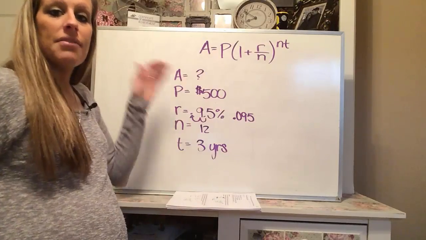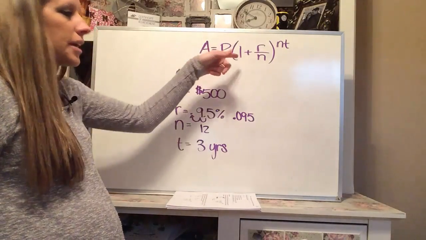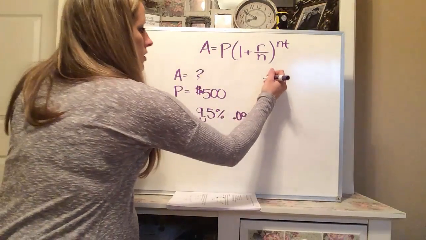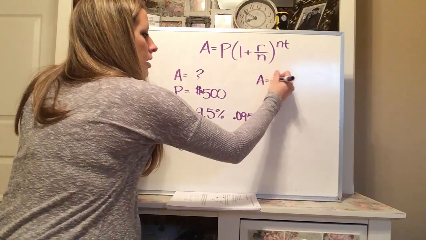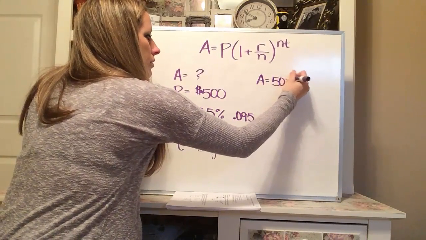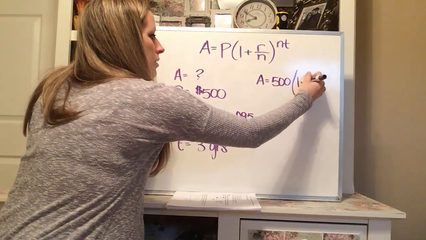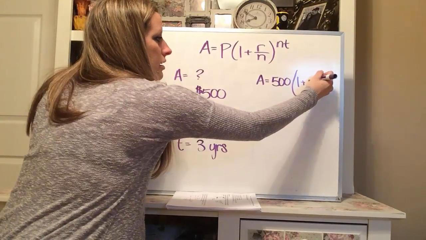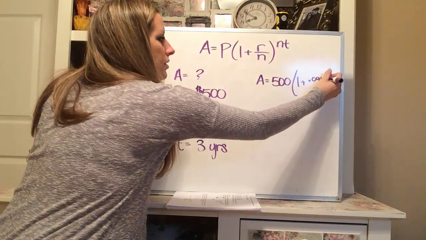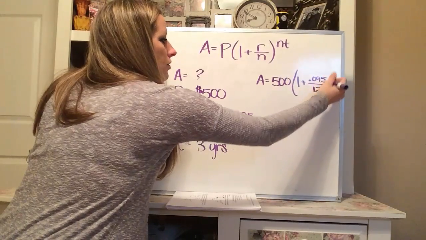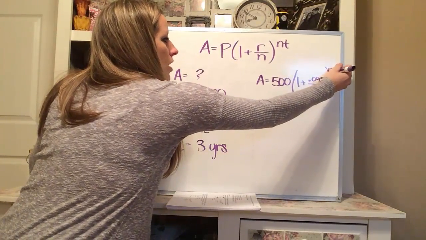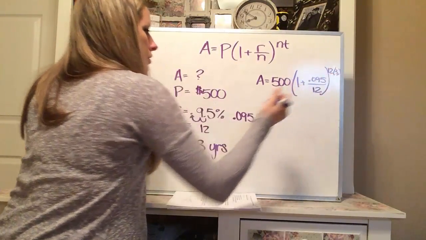Okay, so I have everything filled out. Now I'm going to plug it into my formula. So A we don't know. P is 500, parentheses 1 plus R is 0.095 over 12 to the 12 times 3.